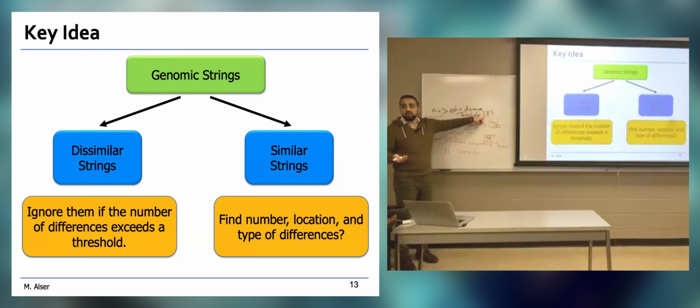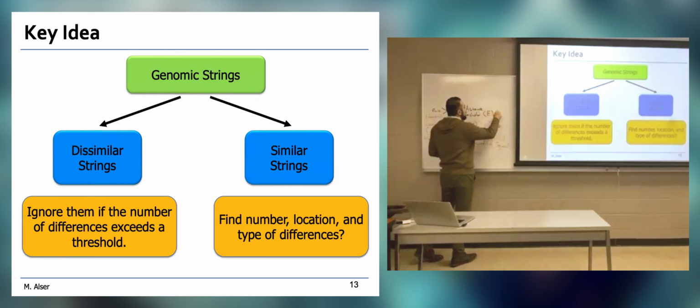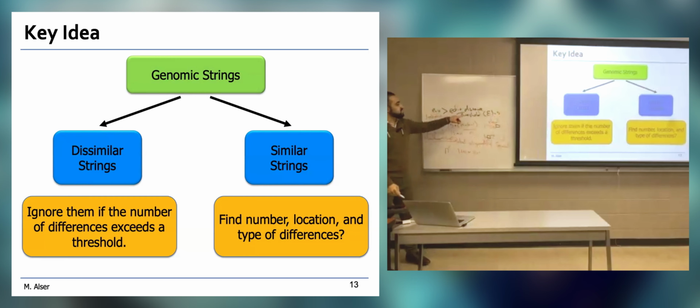What is the thing that we are looking for? For example, 5. Okay? If 10 exceeds 5, and it does, then those are probably dissimilar sequences. We don't want them. However, if the differences between the two sequences is 4, which is less than or equal to the threshold, then do something good, and we will keep them.